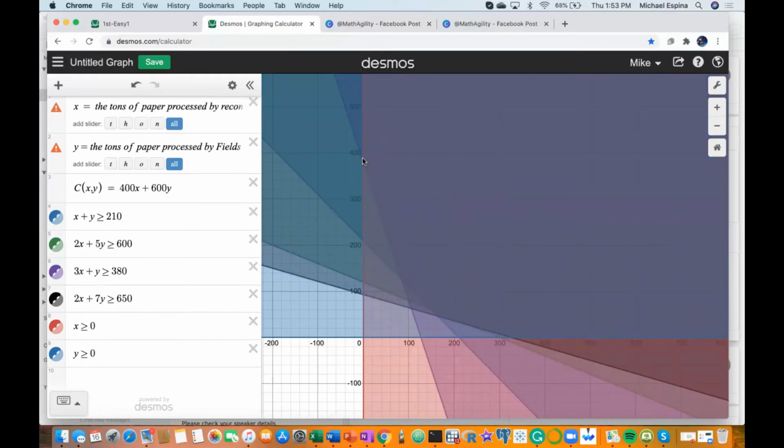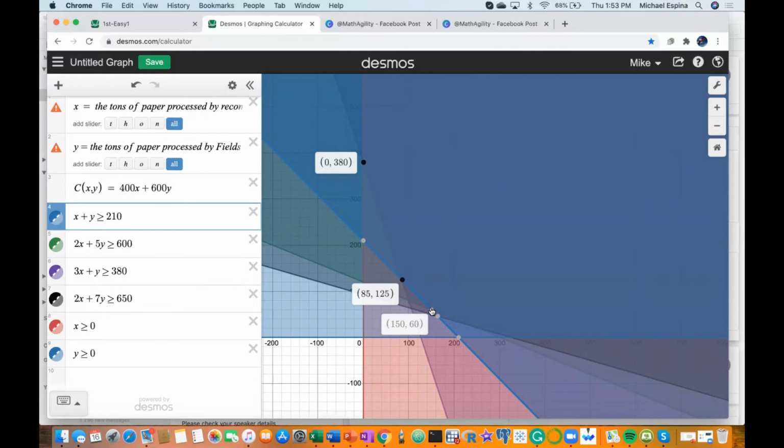So for the first vertex, the pair is 0 and 380. The next vertex is 85 and 125.